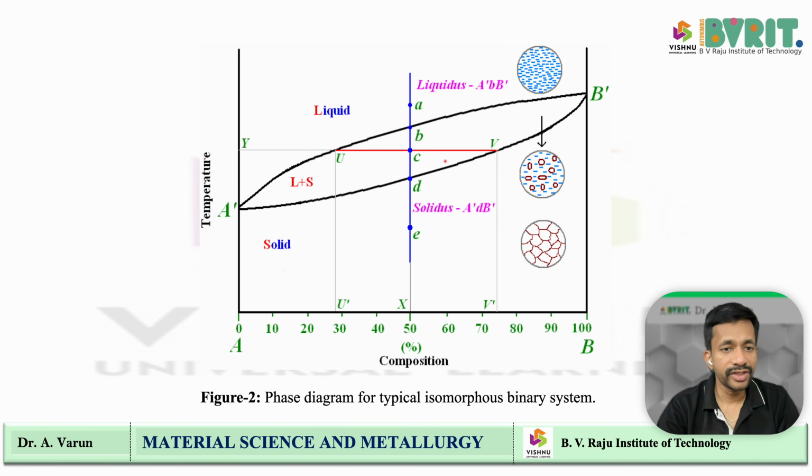Before we go into the lever rule, let us understand its importance. If I take this particular point C, how much is the portion of liquid present, and how much is the portion of solid present? It is not easy to calculate straight away from this diagram. We know that since this is a single phase, you'll have complete liquid present.